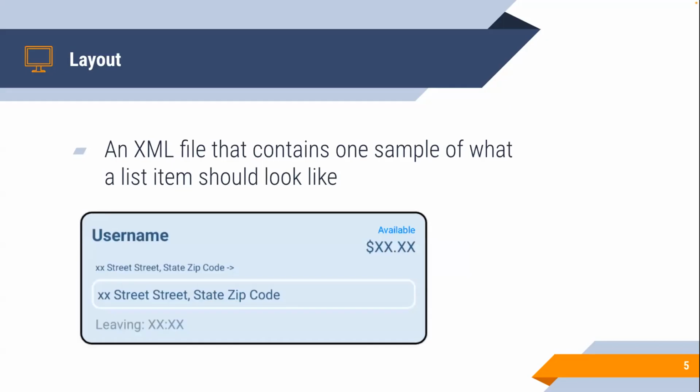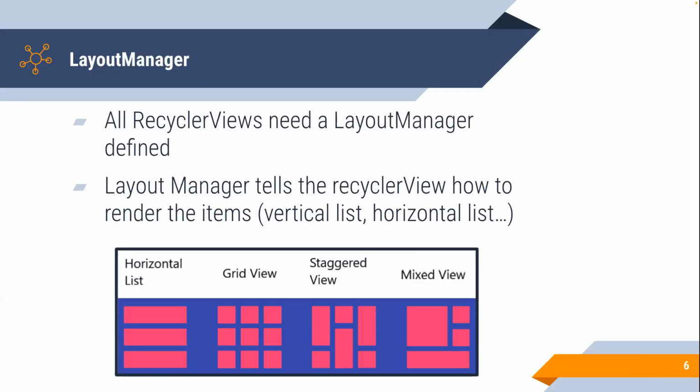In terms of your layout, just a reminder that when you're using Recycler View, you need a custom XML layout file, and that's going to go in your layout folder in your XML resources. You just make something like this. You want to put a bunch of dummy fields in there, and then your adapter is going to handle populating that.